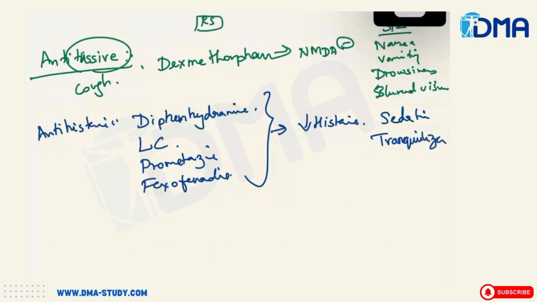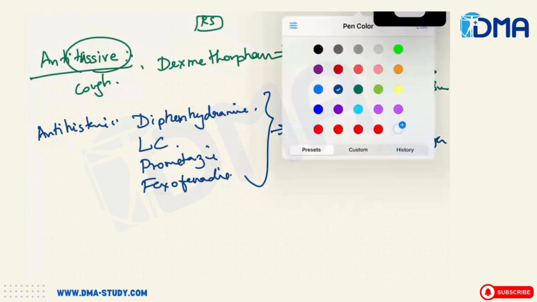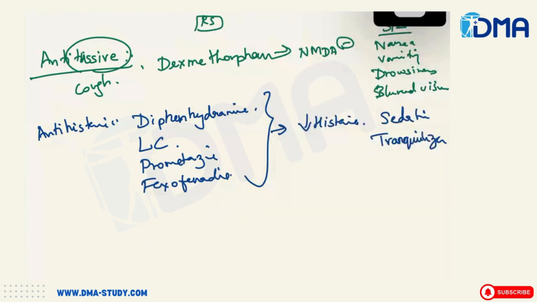Right? Then the other thing which you have to know is the expectorant. What is an expectorant? It basically brings out the extra secretions that you have in your body. Directly acting agents include guaifenesin, sodium citrate. You can remember it as guaifenesin.